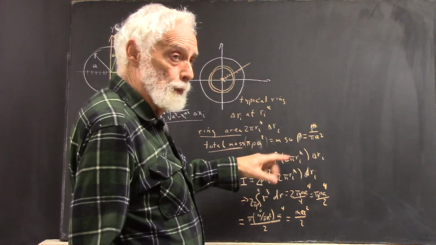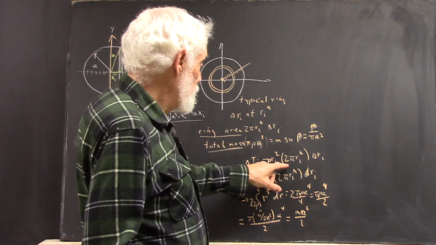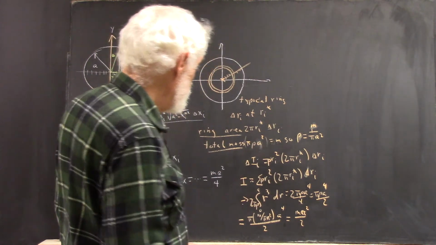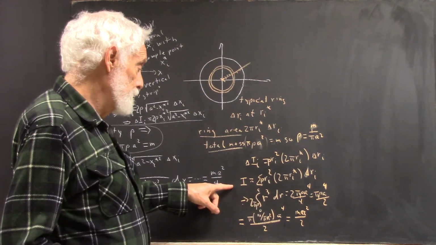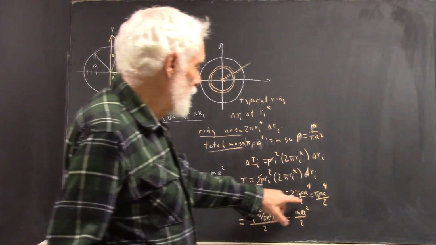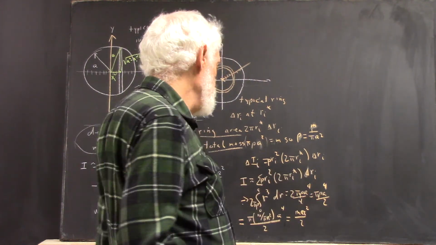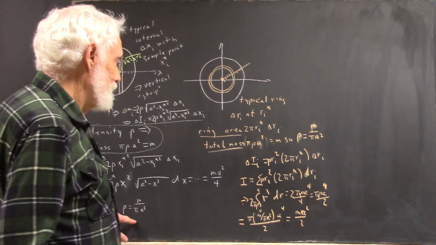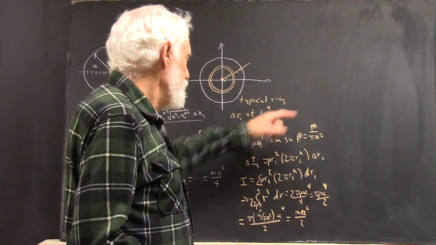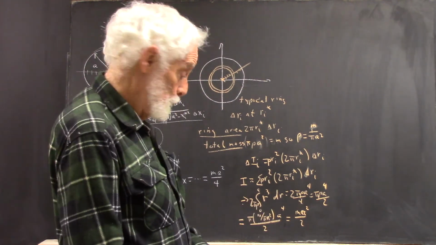We see the ri squared for the squared distance from the axis, and we have the rho here. The rho times the area gives us the mass, which we multiply by ri squared, giving us this sum, which approaches this integral, which comes out very easily to be pi rho a to the 4th over 2. But since rho is m over pi a squared, we replace rho by m over pi a squared. We get m a squared over 2.